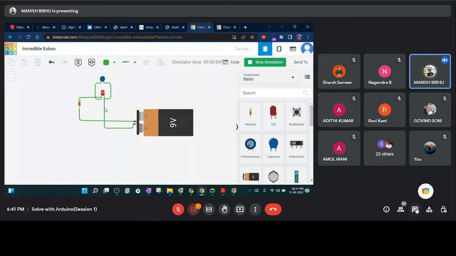Okay, so first of all we have to connect a switch.